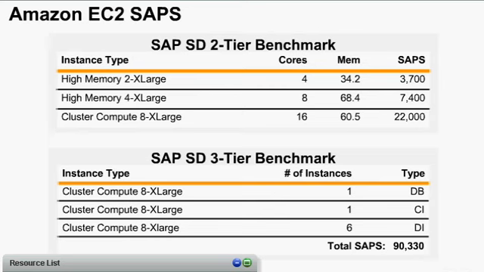When we talk about very large SAP environments, the scale out, we did a 3-tier benchmark with one of our cluster compute instance types, the CC2 8XL. You can see that for a single SAP environment, we can actually support up to 90,000 SAPS. So that's quite a large number.